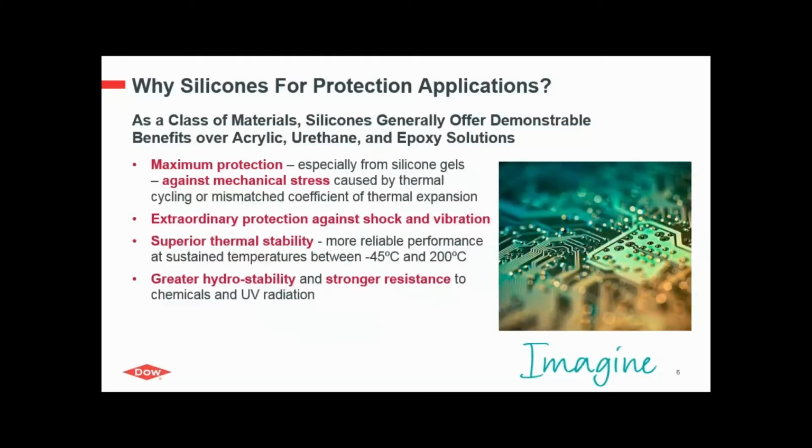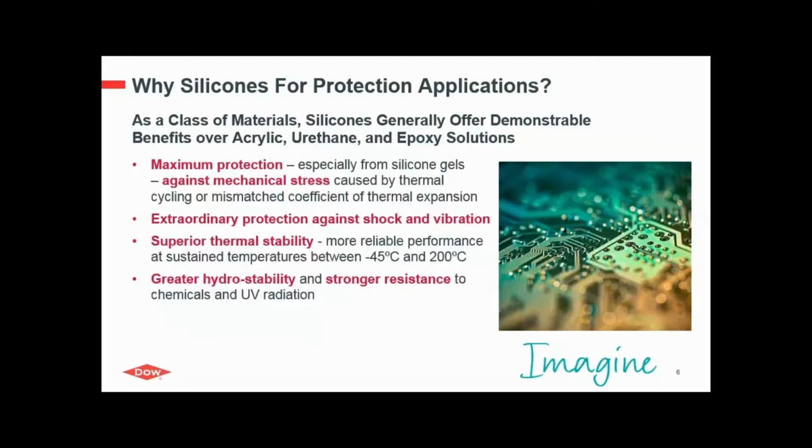As a class of materials, silicones generally offer demonstrable benefits over organic solutions like acrylics, urethanes, or epoxies. Indeed, they are able to provide a maximum protection against mechanical stresses that can be caused by thermal cycling or CTE mismatch by the use of a silicone gel, for example. Due to their low modulus and high elasticity, they also provide extraordinary protection against shock and vibration.